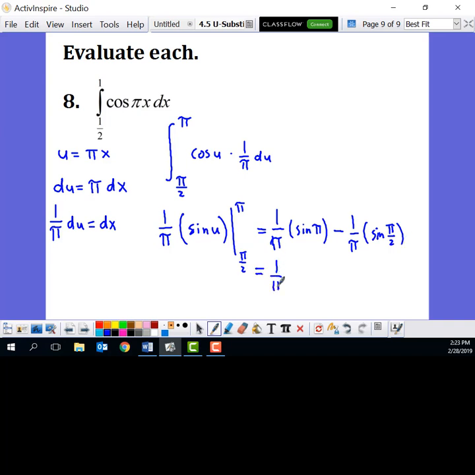We get 1 over pi times 0, sine of pi is 0, minus 1 over pi times 1, sine of pi over 2 is 1. So the first term goes away, it just becomes 0. So this integral equals negative 1 over pi. Final answer.